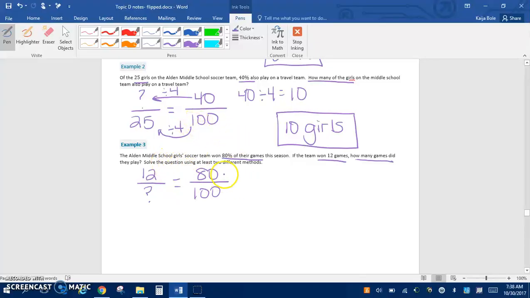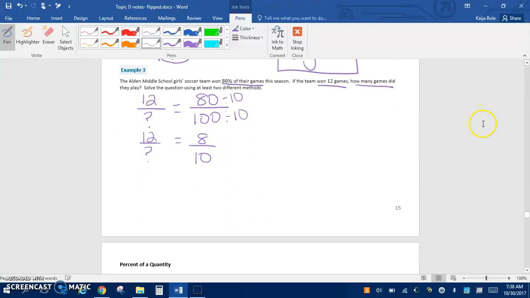So the first thing we can do here is simplify this half of the algorithm. If we divide those both by 10, we end up with 8 over 10, and then over here we still have 12 and the question mark. Again, we still can't easily go from 8 to 12. So we're going to simplify one more time, and we're going to divide them both by 2.